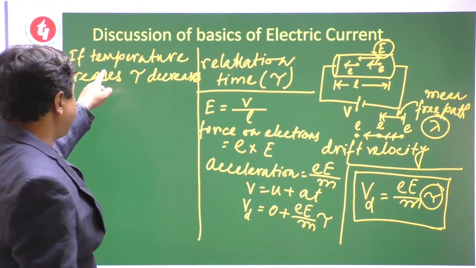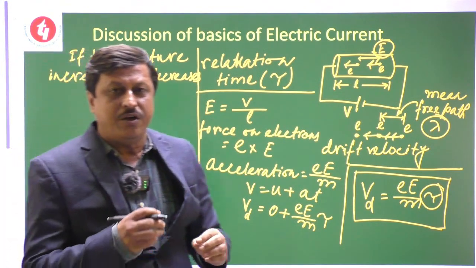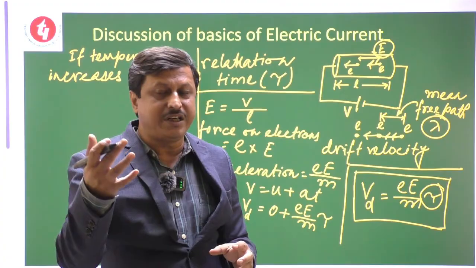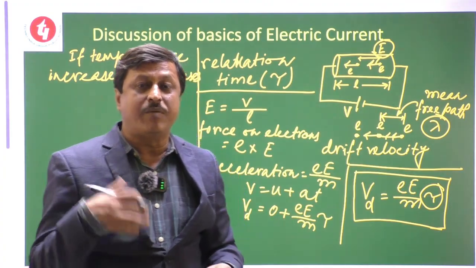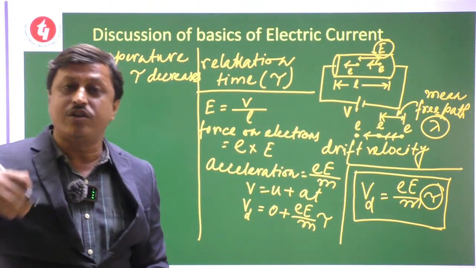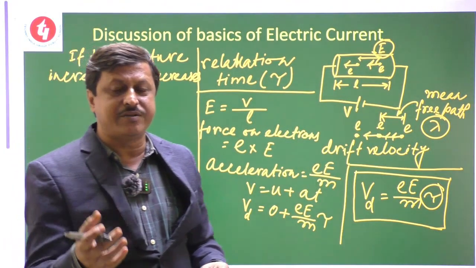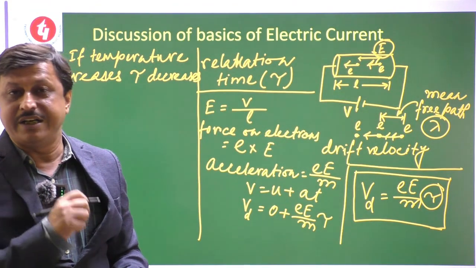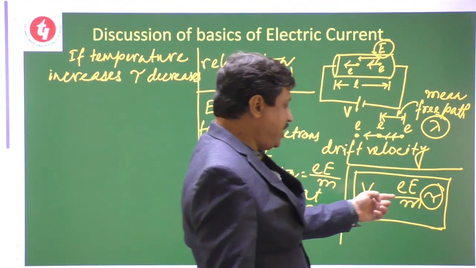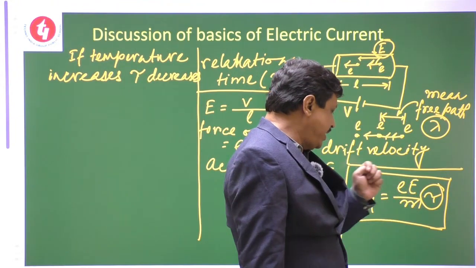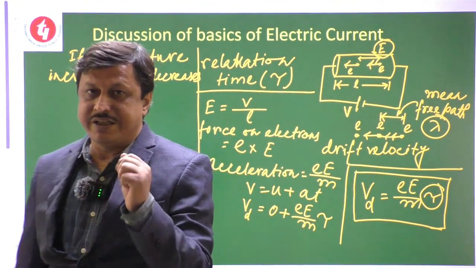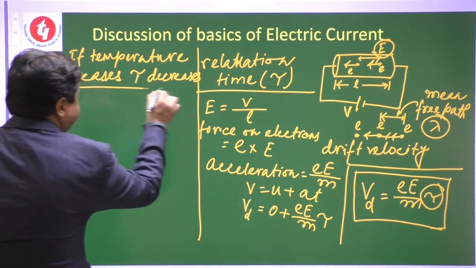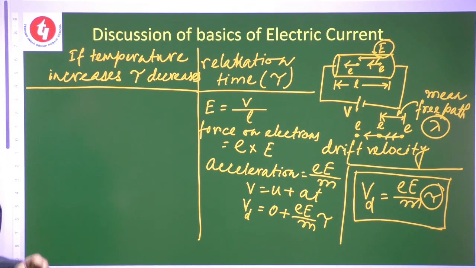If the temperature of the conductor increases, the vibrations of the atoms increase, so the number of collisions increases, and the time gap between two successive collisions decreases. So temperature increases means tau decreases, and tau decreases means drift velocity decreases. That is very important. These are the factors on which drift velocity depends.